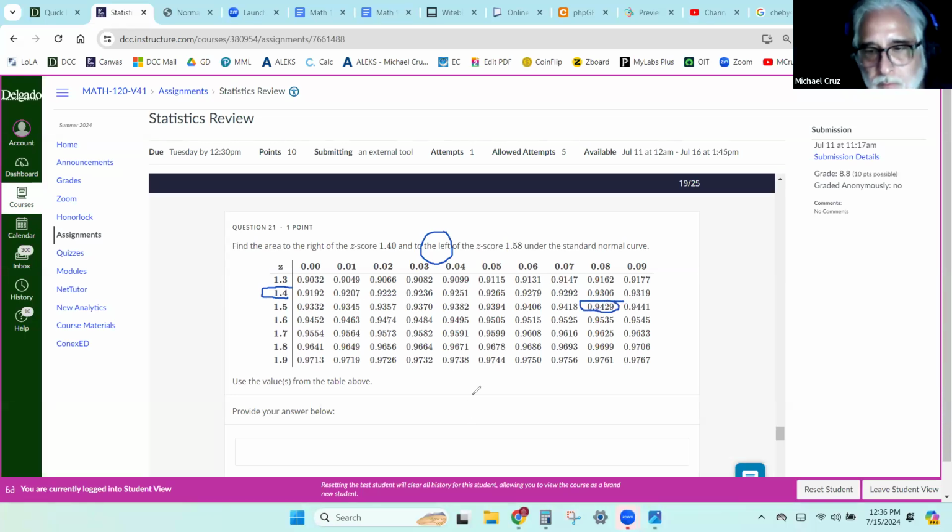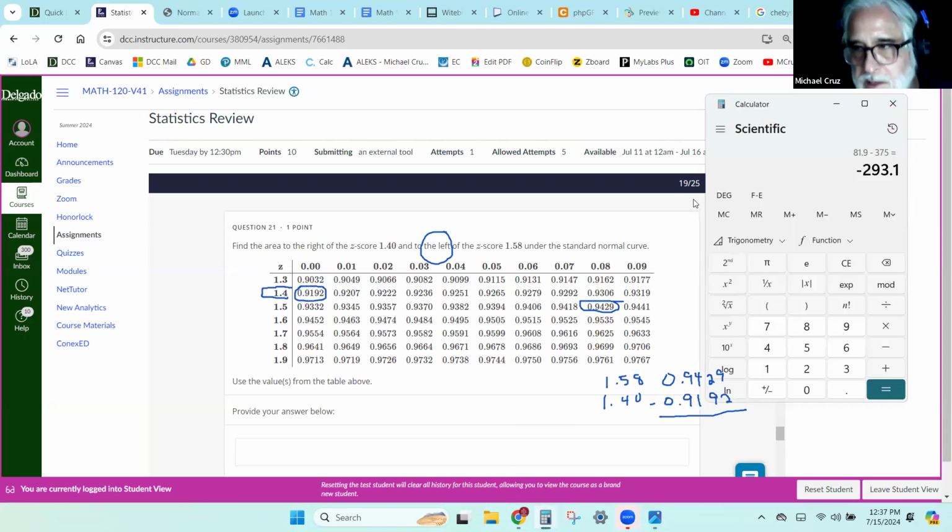So that's this one right here, which represents 0.9429. In other words, it's 94%. And for the 1.40, there's this one right here, 0.9192. And we're just going to subtract. There's only one way to subtract, the smaller from the larger. If we do it backwards, it will come out negative, and we just need to take off our negative sign.